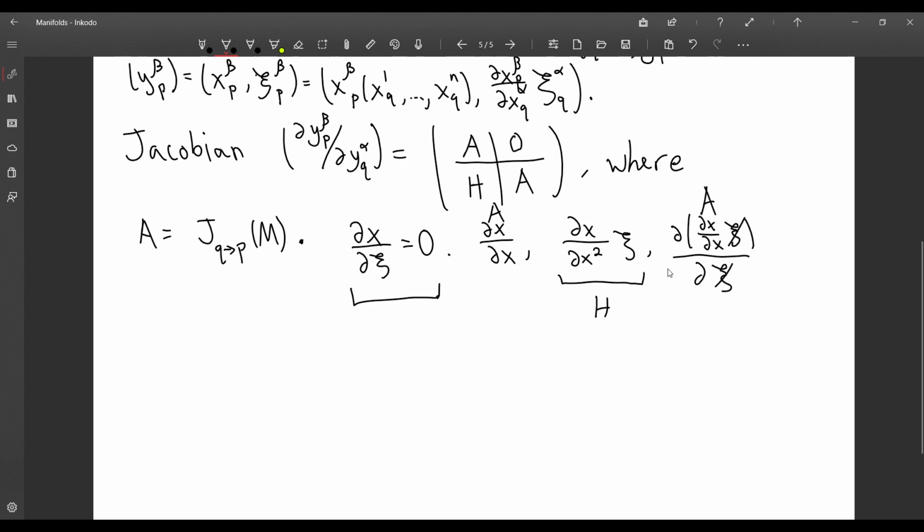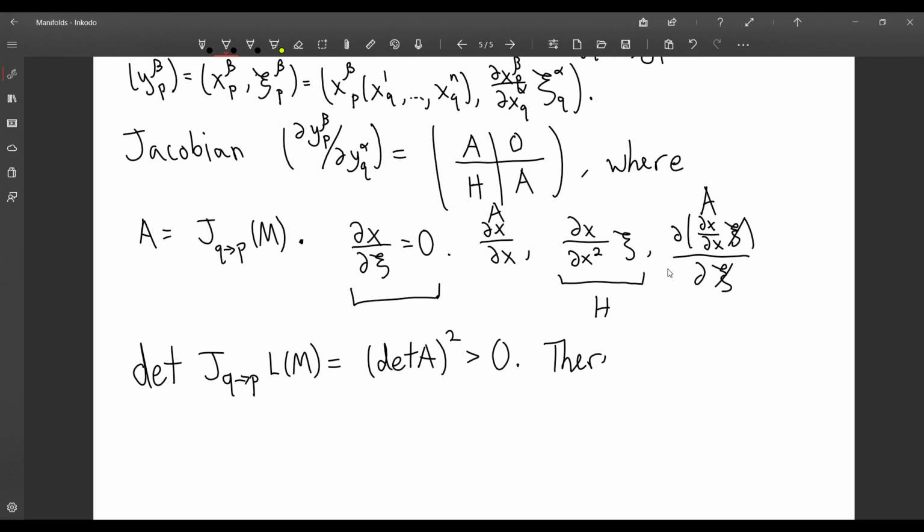And the significance of this lower triangular block form is that we can easily show that the determinant of this Jacobian is going to be equal to the determinant of A squared, which is going to be positive.